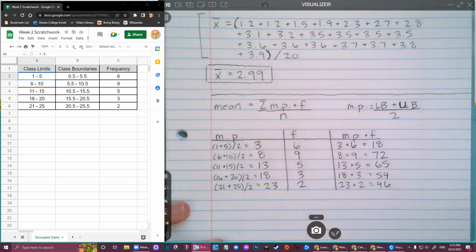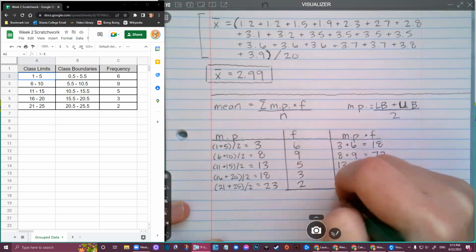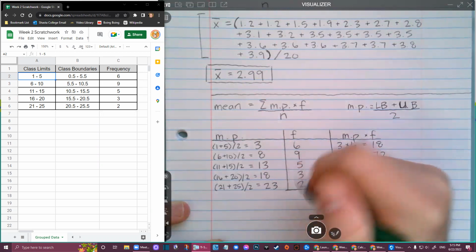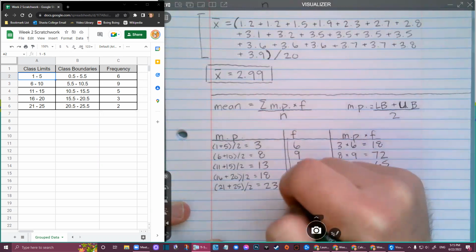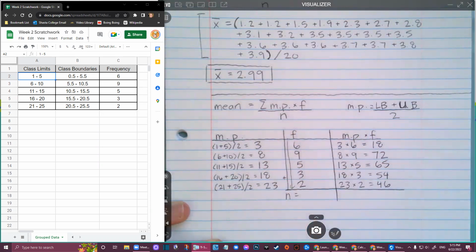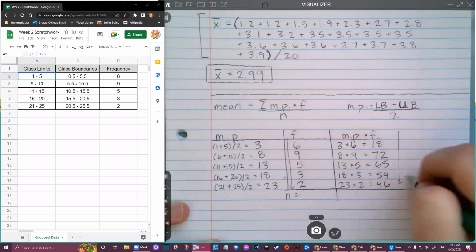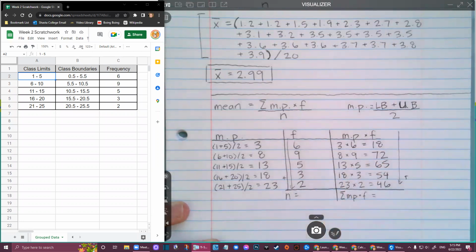Once I have this table constructed, I actually get the 2 parts of my fraction for the mean. If I add down this column, that's going to give me the bottom of my fraction, my denominator. If I add down this column, that's going to give me that sum of midpoint times frequency that I need. So we're just adding down the columns.